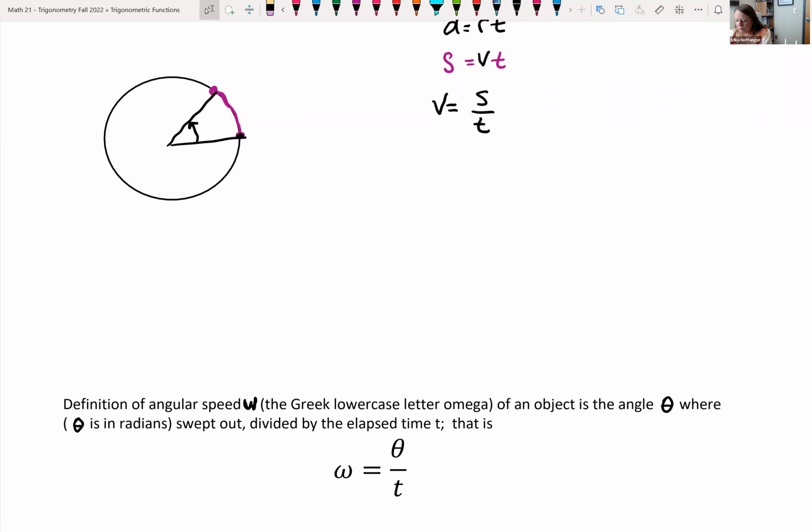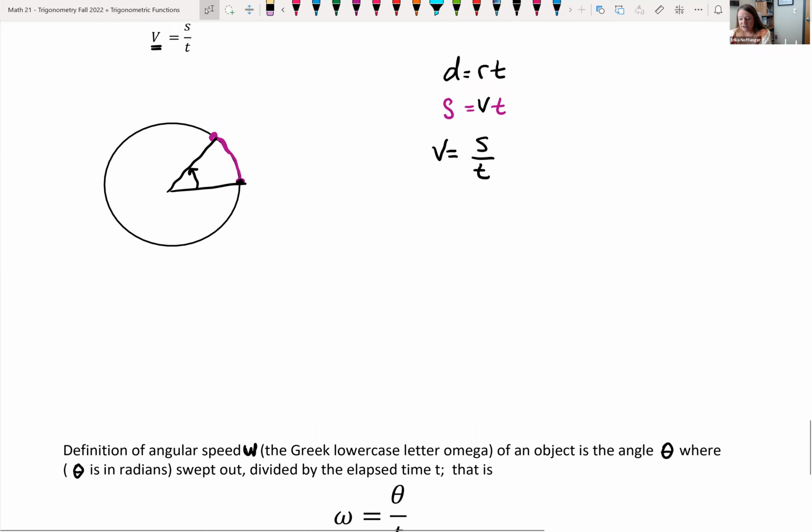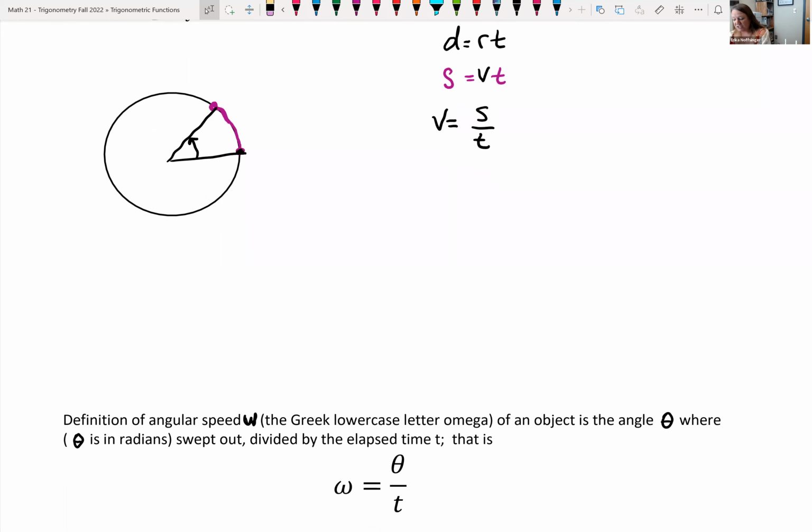So we have these two important formulas. And let's look at that linear speed again. We can actually rewrite this a little bit. Recall that we were talking about arc length, our arc length s, that was equal to r times theta, the radius of the circle times theta, the angle in radians.